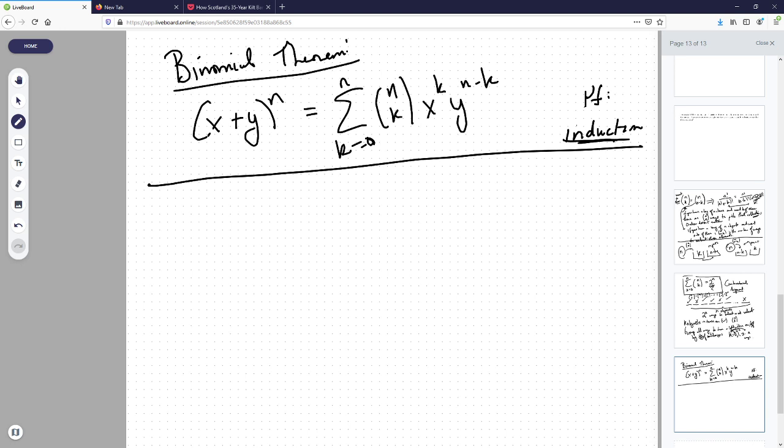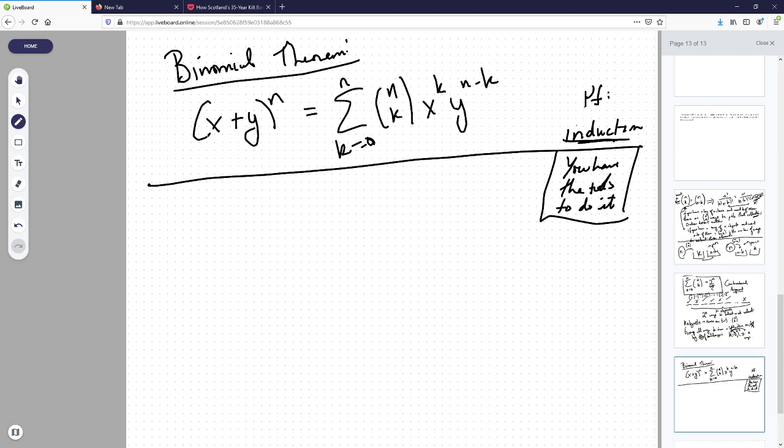Actually, no, we could do it. You guys have the tools to do it. Whether or not you realize you have the tools yet, you do have the tools to do it.